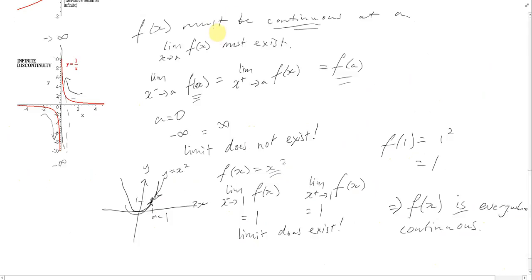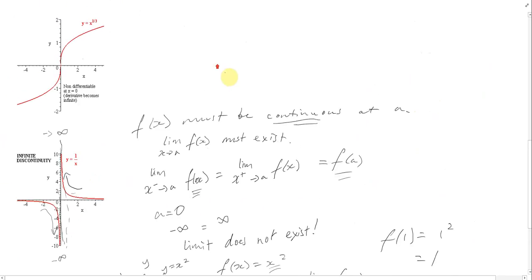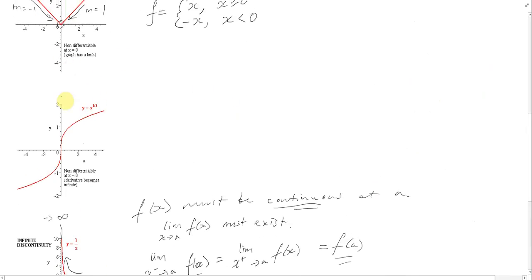Now, just to show you one more curveball case, this one over here, if you look at the point 0, as you come in from this side, it looks like the gradient is getting the same, and on this side, the gradient's becoming infinite right here, and the gradient's becoming infinite here. It's continuous and it's smooth, but it's not differentiable at x equals 0, because if you put a tangent line in, the gradient is infinite.